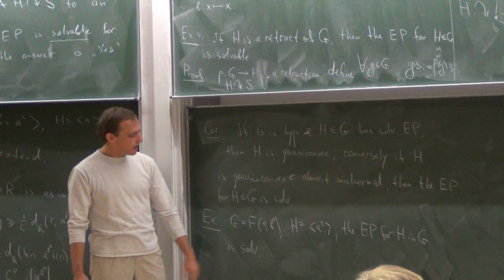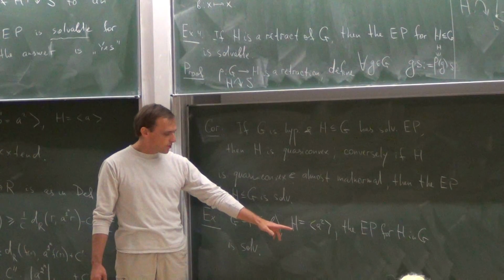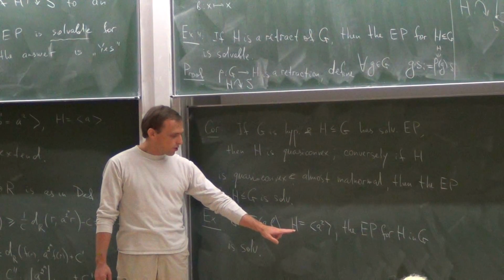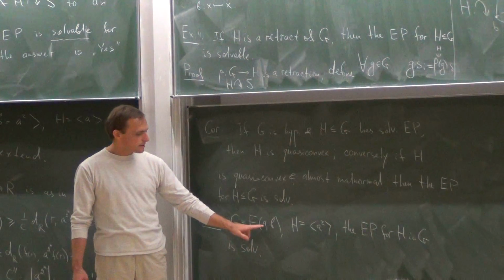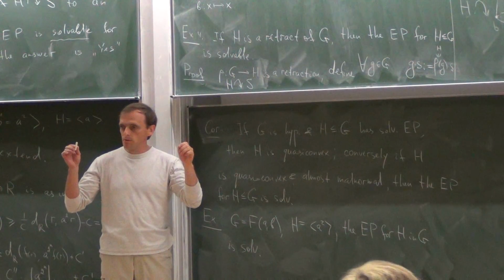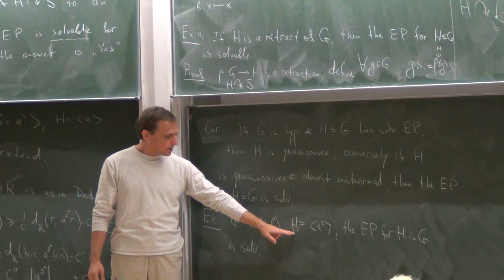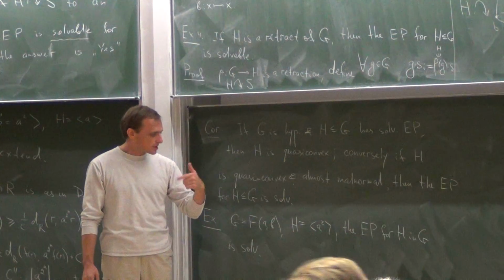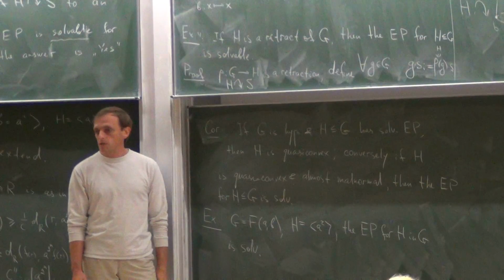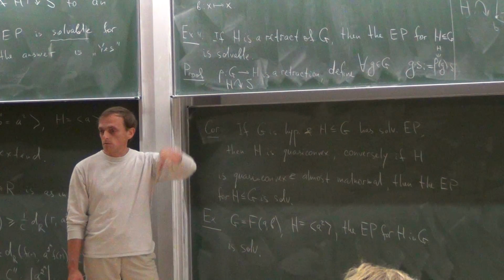So why is this true? Well, first of all, you have to prove, and this is kind of easy, that the extension problem for H inside the cyclic subgroup generated by A is solvable. So first you extend an action of H to an action of the cyclic subgroup generated by A, and then the cyclic subgroup generated by A is hyperbolically embedded, so the action extends.